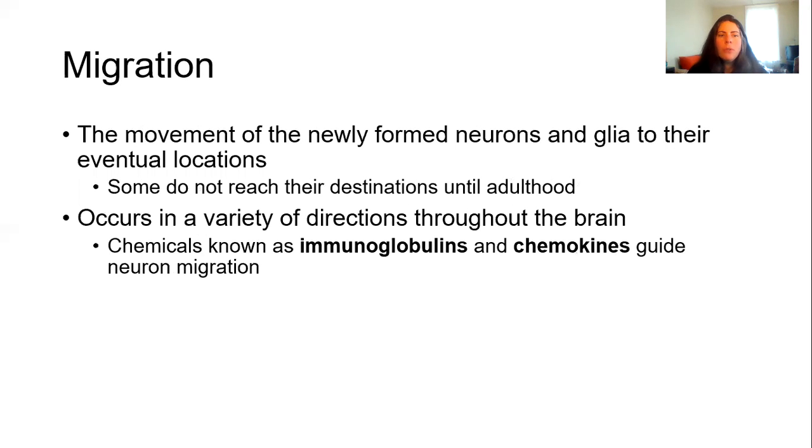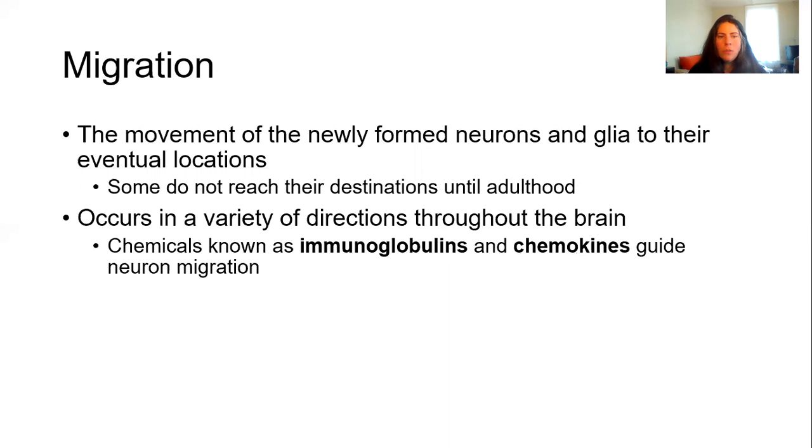So migration is the movement of the newly formed neurons and glial to their eventual locations. Some do not reach their destinations until adulthood. Other neurons, like those in portions of sensory systems, migrate quite early on in development.